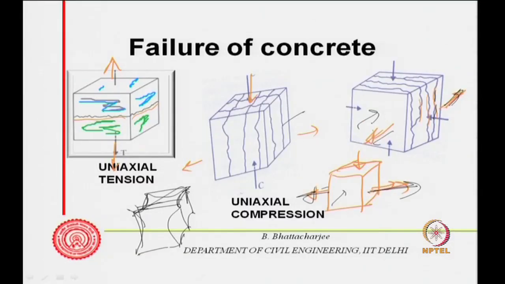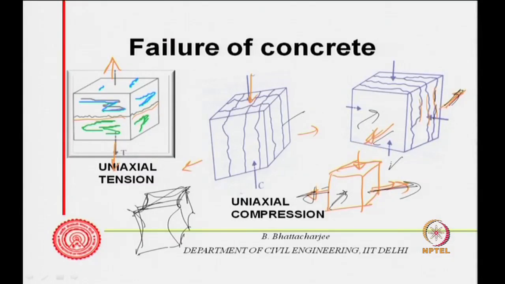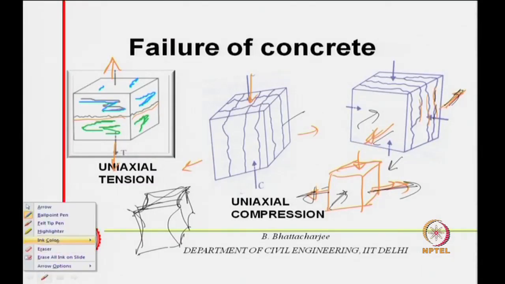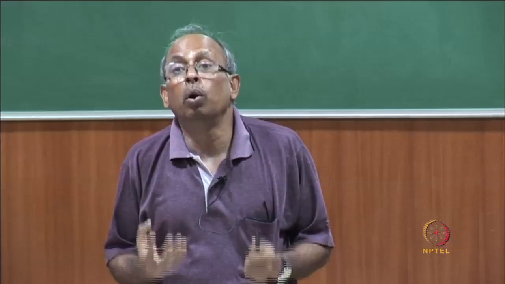While if you apply compression from all three directions, you can really do nothing, it will not fail so easily. In the triaxial situation, with compression from all sides, it can withstand a good lot of load.